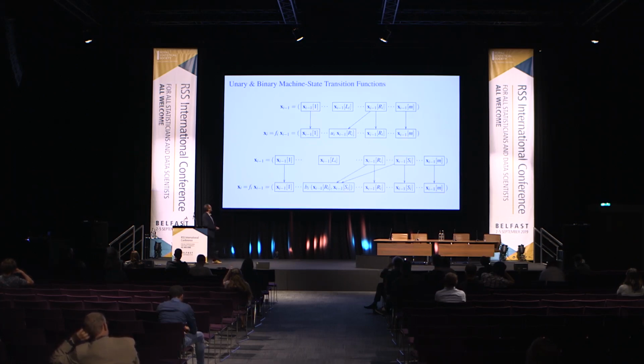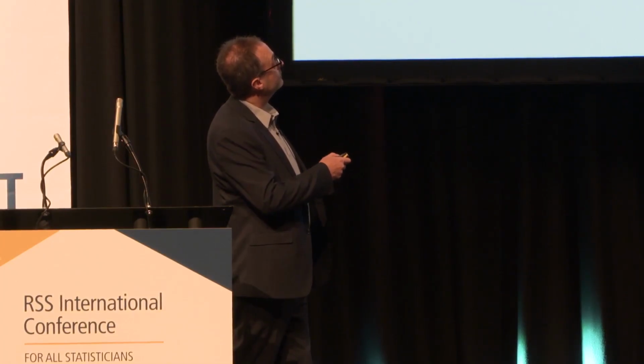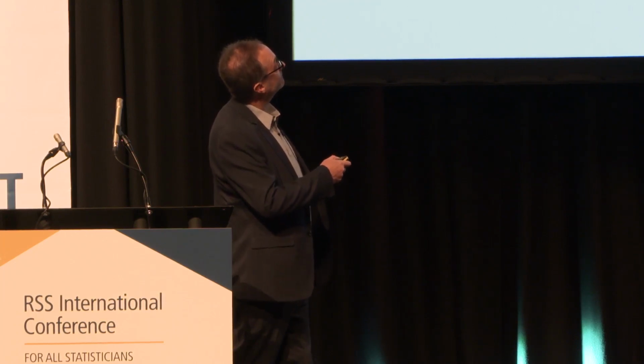And so then here's what one such f looks like. Well, it's some basis function. And let's just consider really simple basis functions like sine and exp and plus and times and stuff like that. So little unary and binary ones. So here you've got the machine state at time i minus 1, and here's the machine state at time i, and all that happened is two values, this one and this one, got run through, well, sorry, this is a unary function.